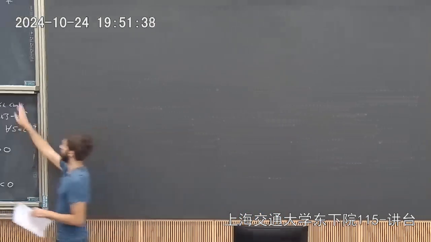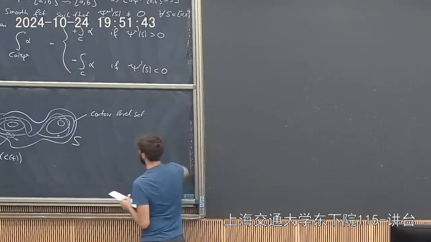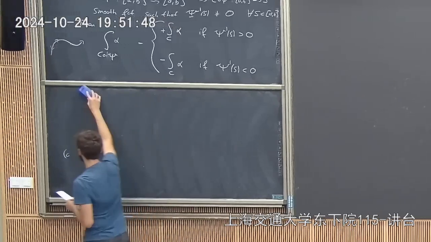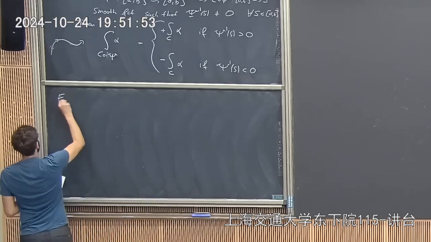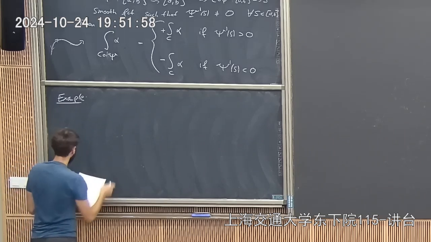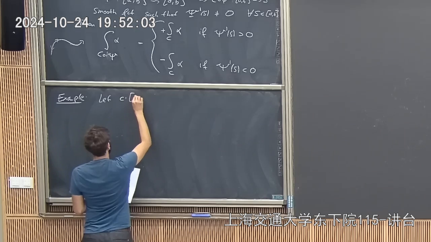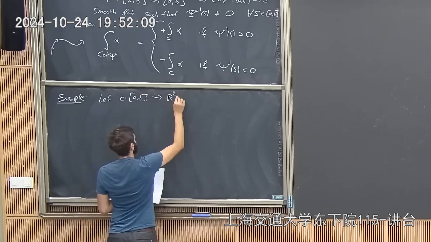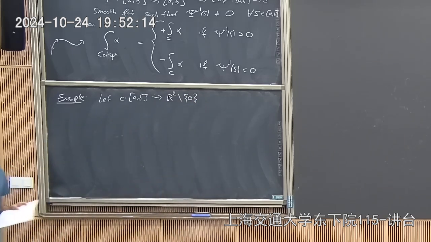Maybe, if you want, one exact way to see an integral. So let's say we have a curve which is in an open subset of R2, where we cut out the origin.